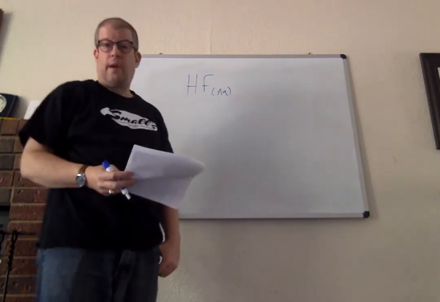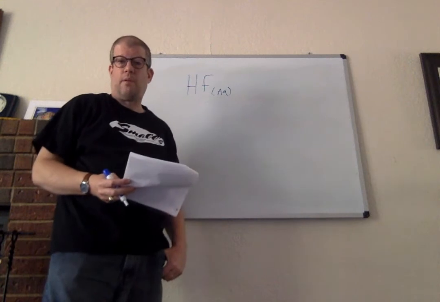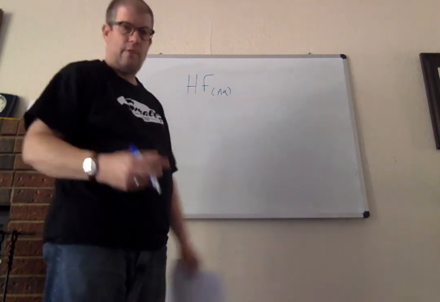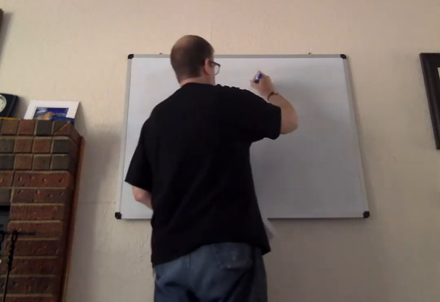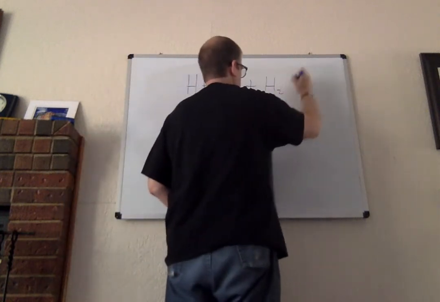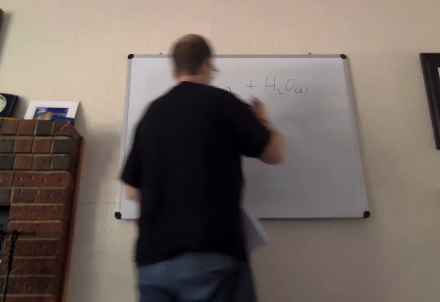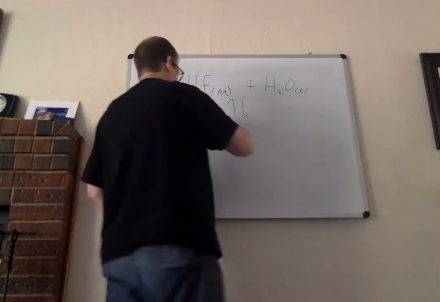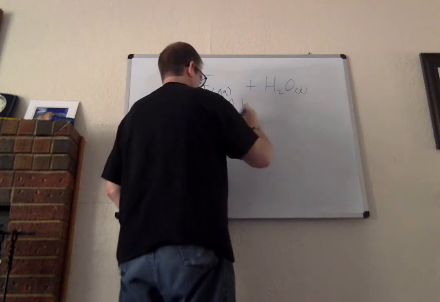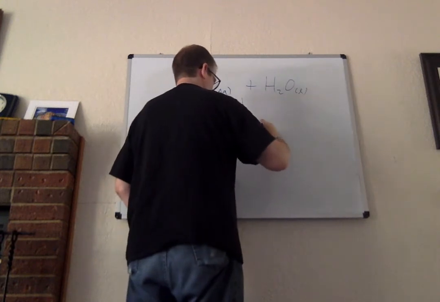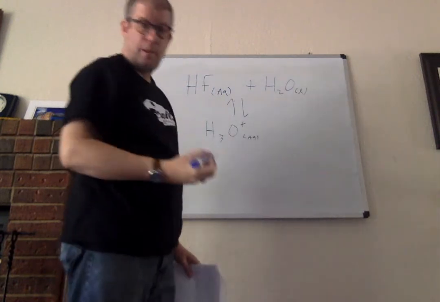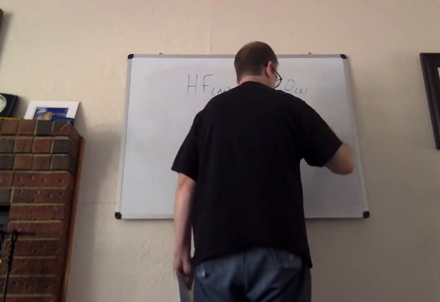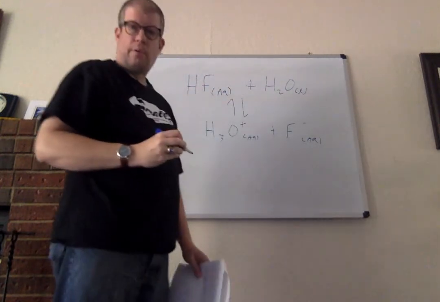However, again, due to the hydrogen bonding situation present in this molecule, it is actually a weak acid. And so the proton transfer equilibrium that we can write is like so. Right? This will transfer a proton to water to give the hydronium cation, hence it's an acid. And the conjugate base is fluoride.